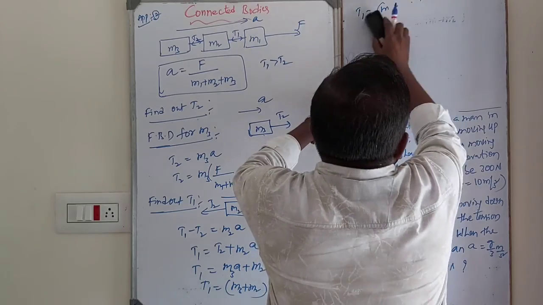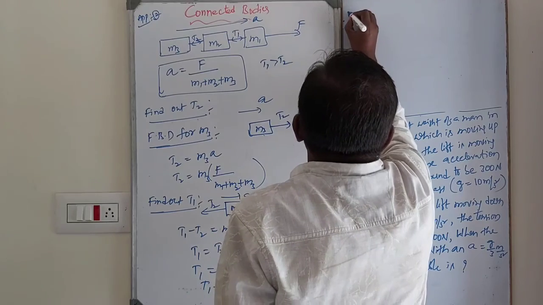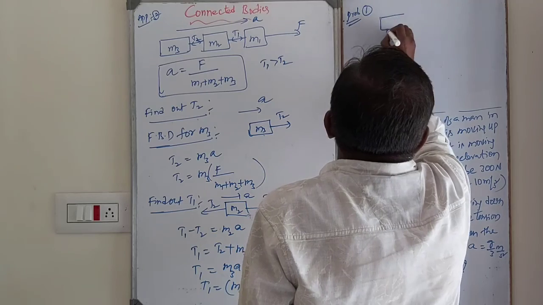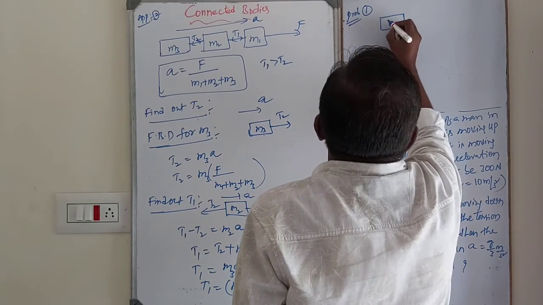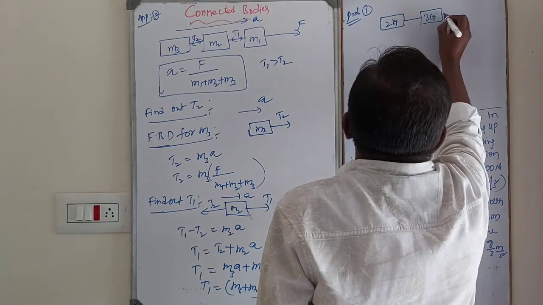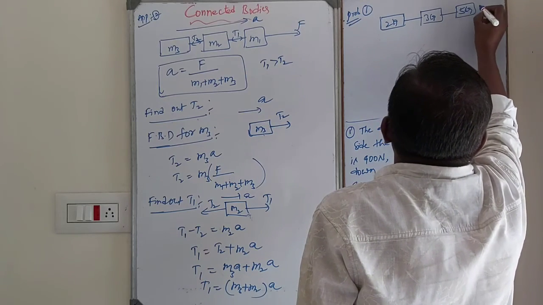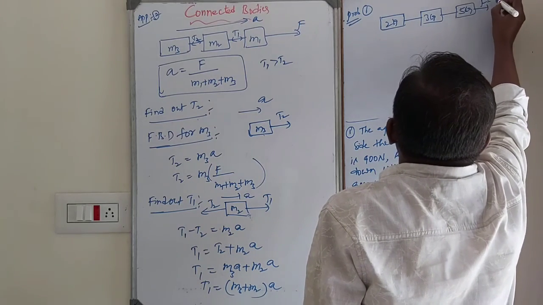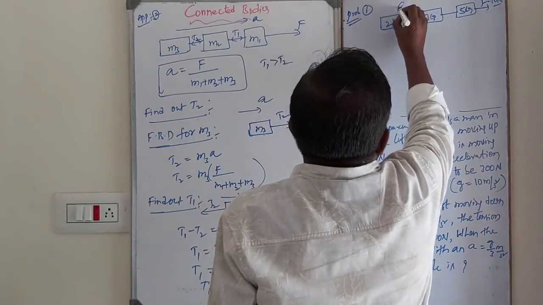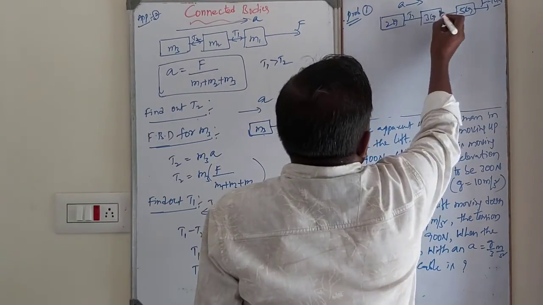So for example, suppose, dear students, this is 2 kg, 3 kg and 5 kg. Applied force is what? 10 Newton. So acceleration of system like this. Okay, so this is T1, this is T2.